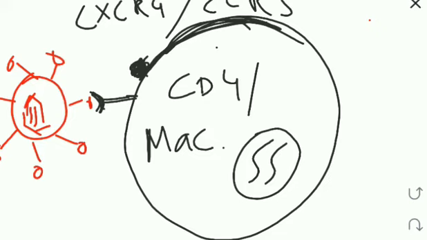The receptor present on the membrane of this host cell recognizes the GP120 part of the spike protein. And then they will form a bond.